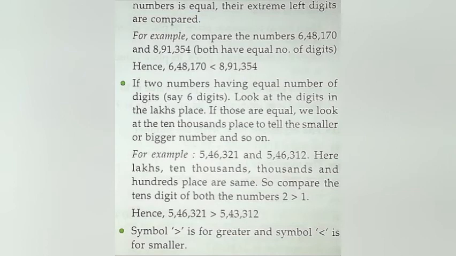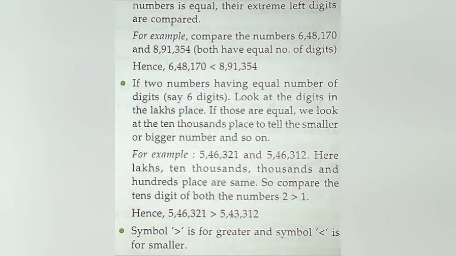Now, we looked at the lakhs place, then the 10,000s place, then 1,000, then 100. They were all the same. Then we came to the tens place. If the tens place was also the same, then you go to the units place. There would be some difference. So now you get to know better about this. Even if the value is bigger, you can compare.